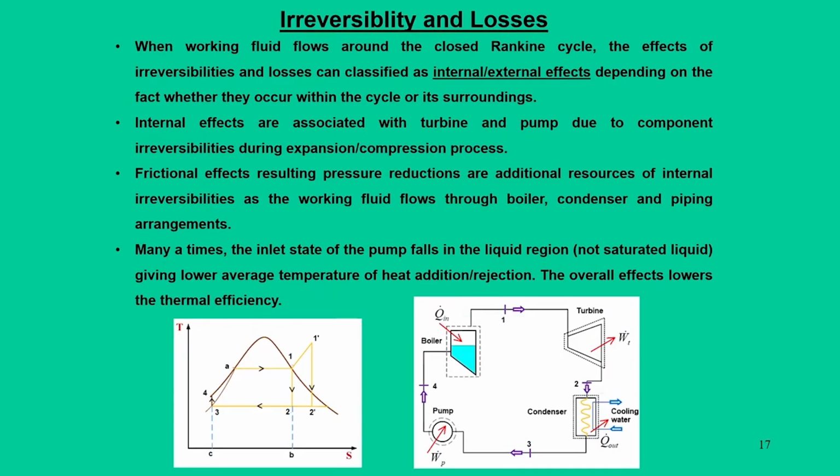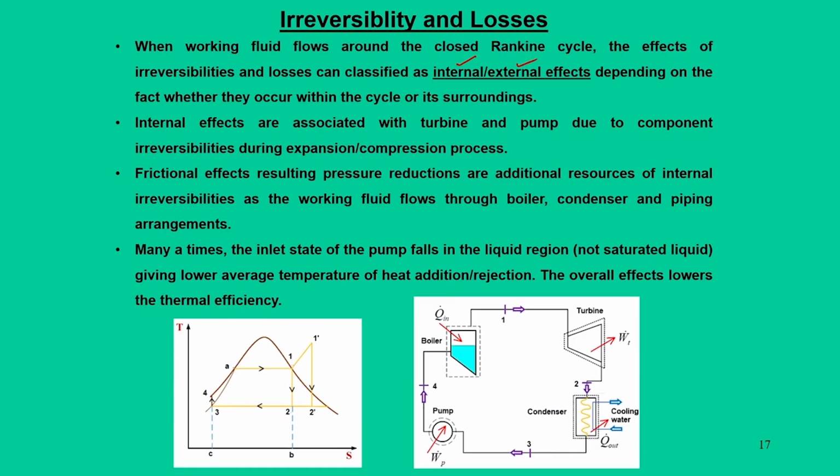Now, apart from that, we are going to look into other possibilities, which we categorize as irreversibility and losses. When I say irreversibility and losses, it is categorized into two effects: one is internal effects, the other is external effects. Let us understand the external effects.